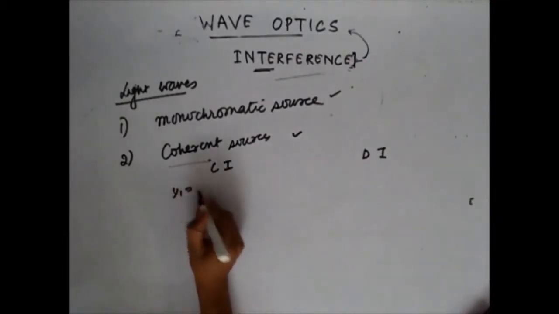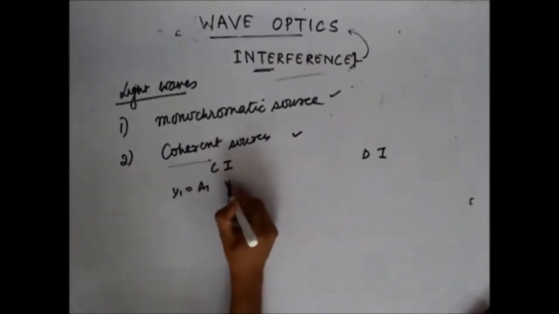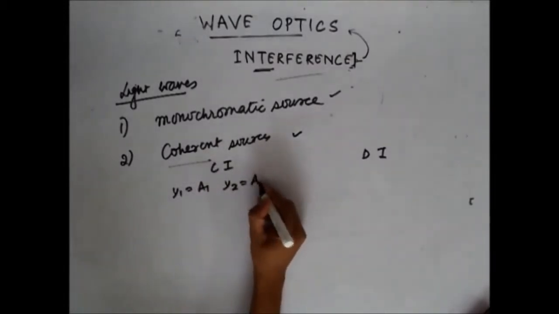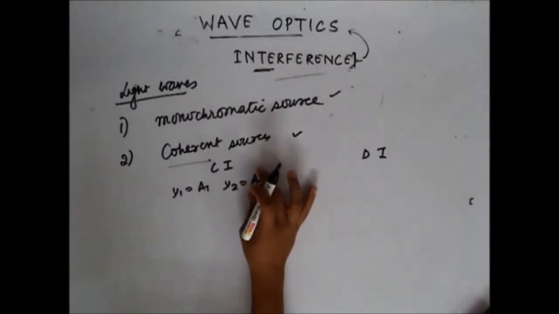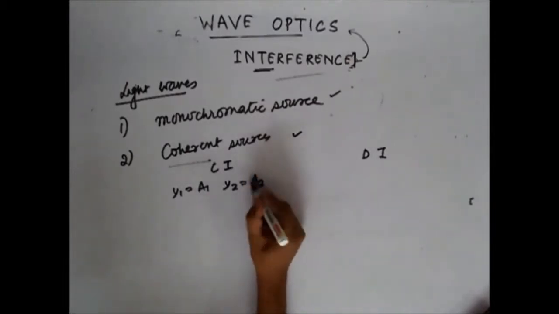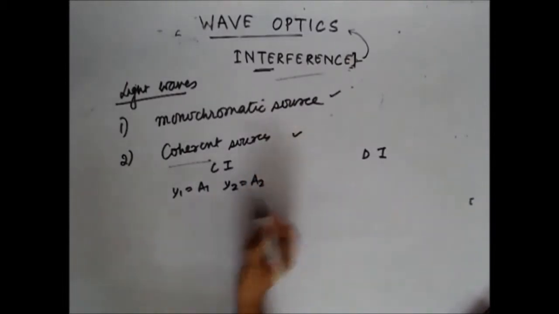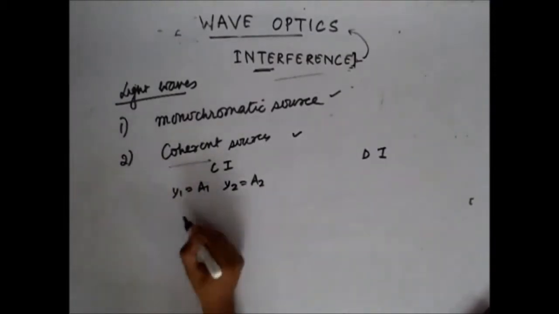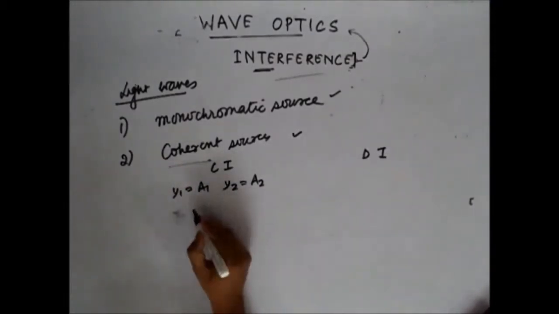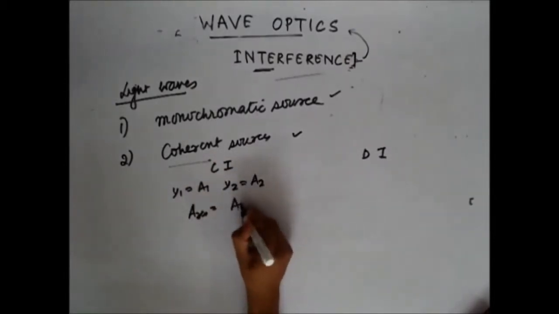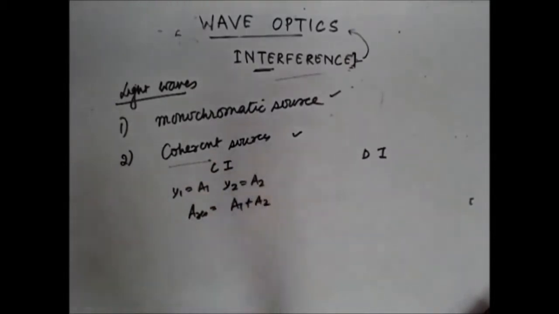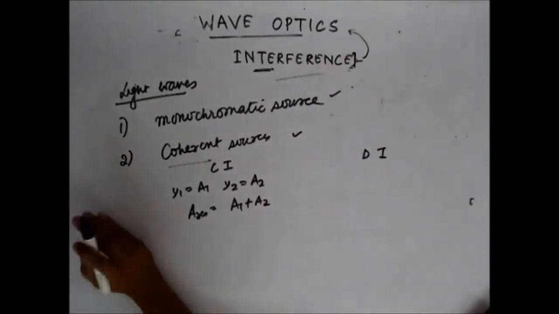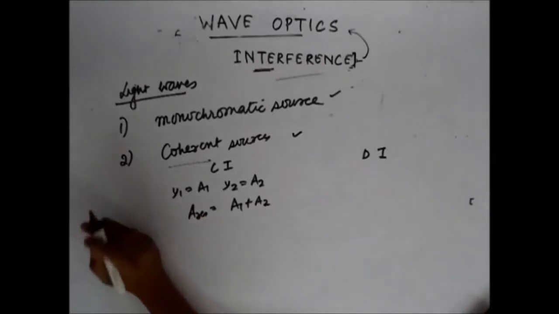So let's say that the first wave produces a displacement of y1 with maximum displacement a1, and the second wave produces a maximum displacement of a2. So what is the resultant maximum displacement due to constructive interference? Remember that the resultant is simply equal to a1 plus a2. The reason being that in constructive interference, the maxima of the first wave coincides with the maxima of the second wave.